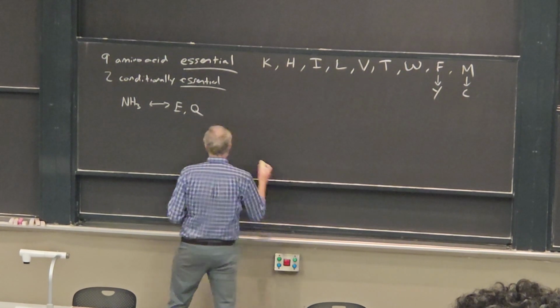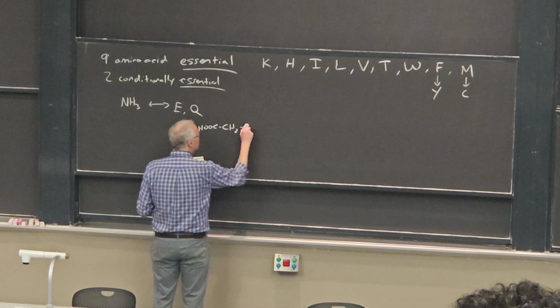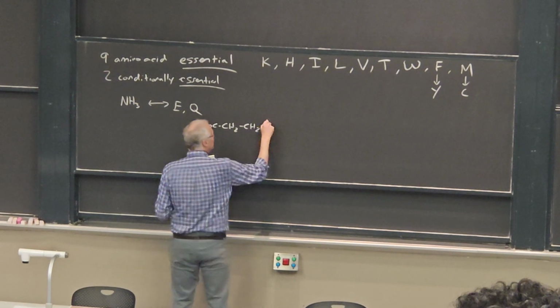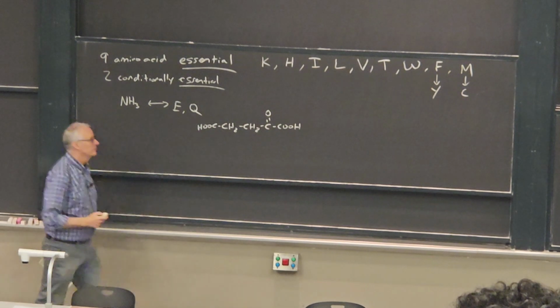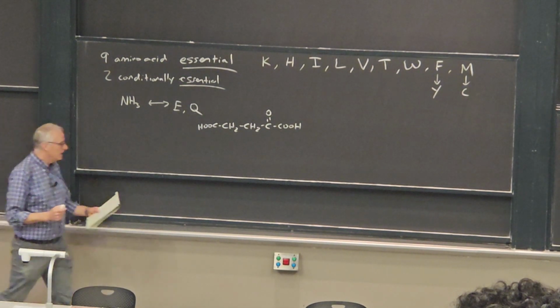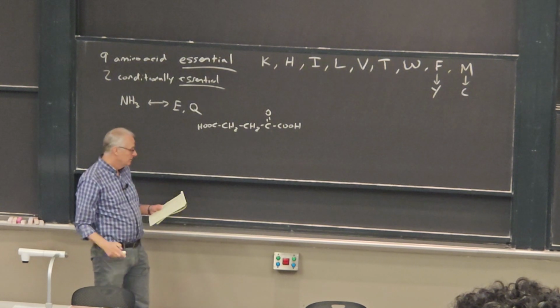Okay, so here, as promised, here's our old friend, alpha-ketoglutarate. Okay, 5-carbon alpha-ketoglutarate from the TCA cycle is an alpha-keto acid. All right.